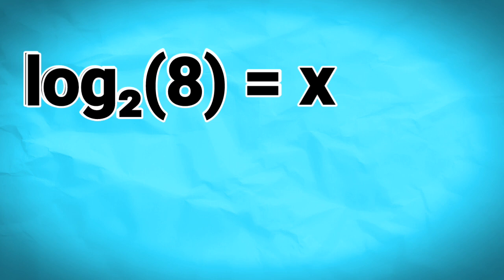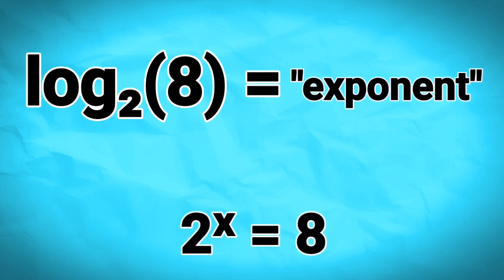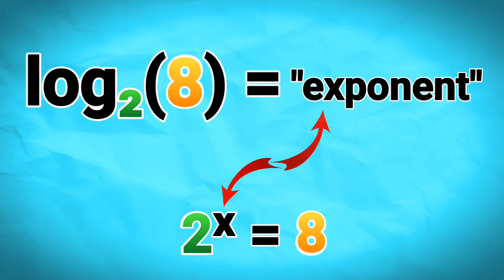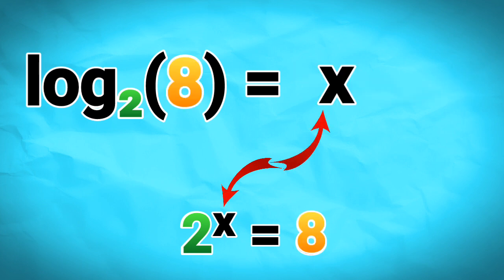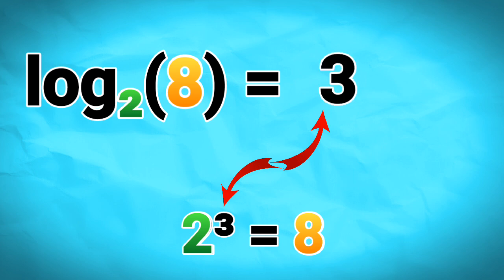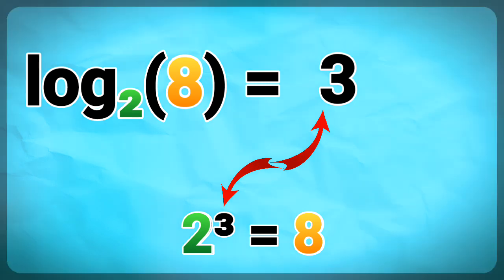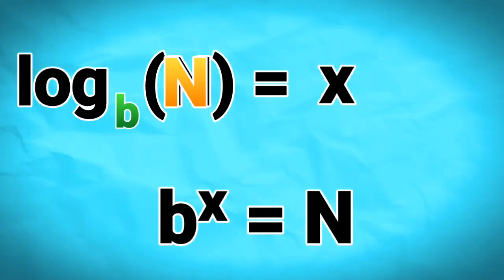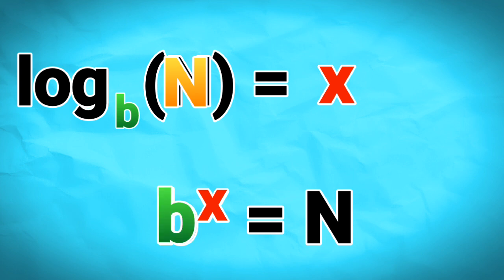That number is the exponent that our base 2 is raised to get 8. Since 2 cubed is equal to 8, our logarithmic expression is equal to 3. So a logarithm is basically just an exponent that the base b is raised to get the number n.